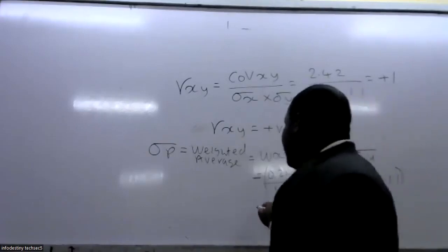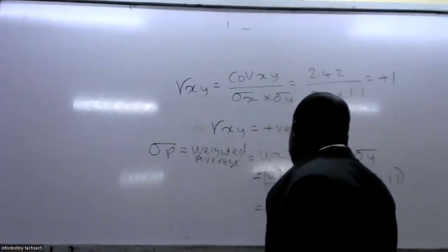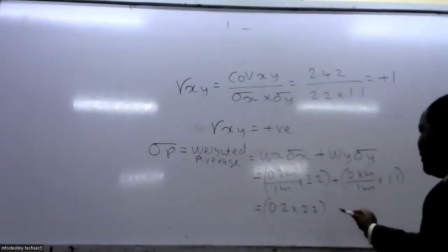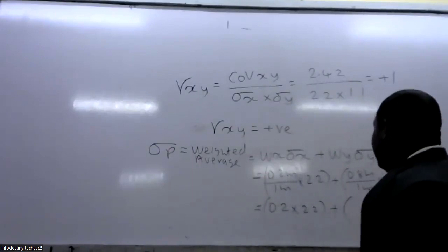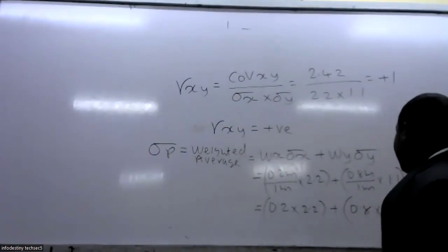So this is the same as 0.2 multiplied by 2.2. Yeah, 0.2 million divided by 1 million is the same as 0.2. Then you also add 0.8 multiplied by 1.1.